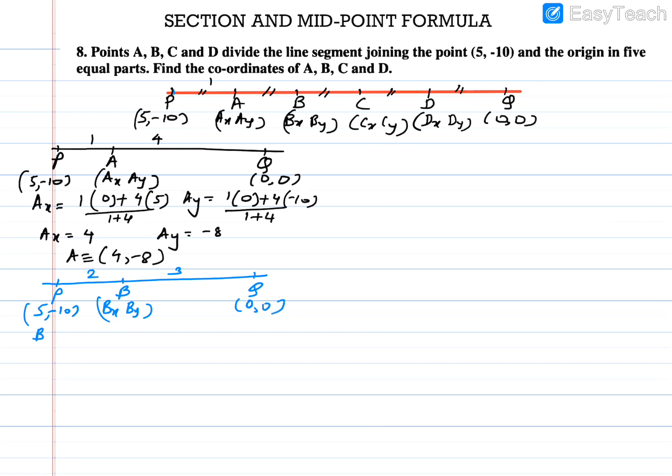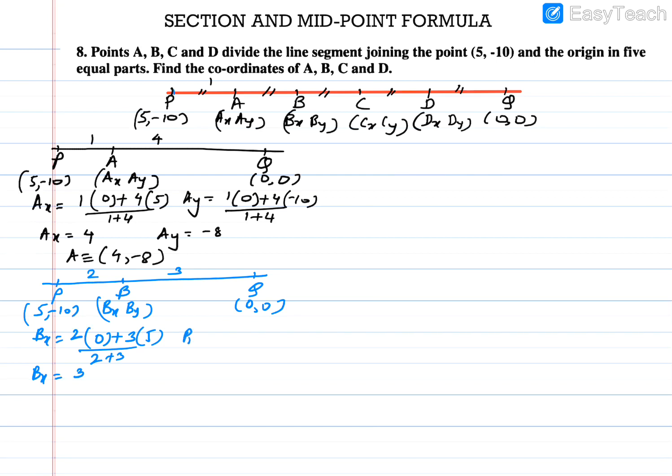Again use section formula for bx. It will be 2, that is m into x2, that is 0, plus n, that is 3, into x1, that is 5, upon m plus n, 2 plus 3. Solve this. On solving you will get 15 upon 5, which is nothing but 3.